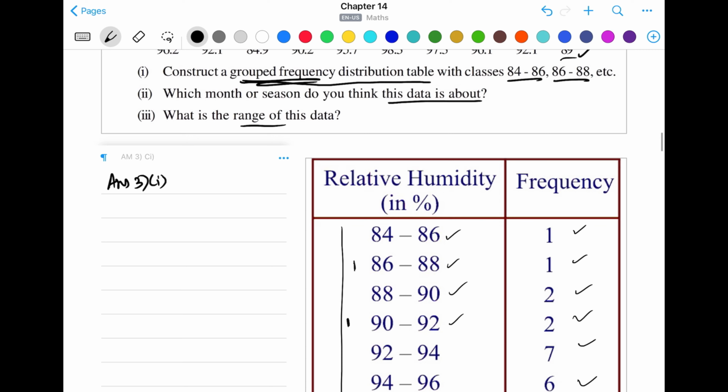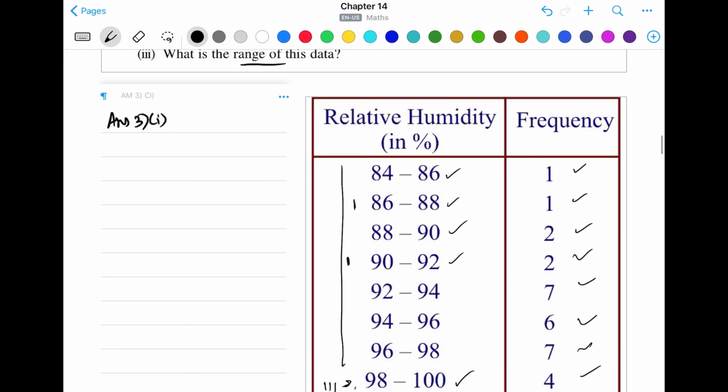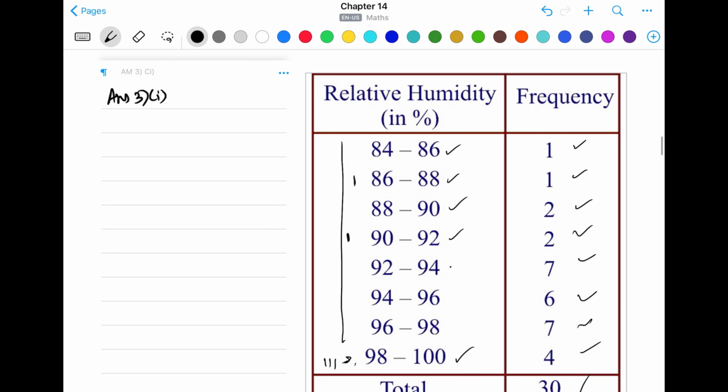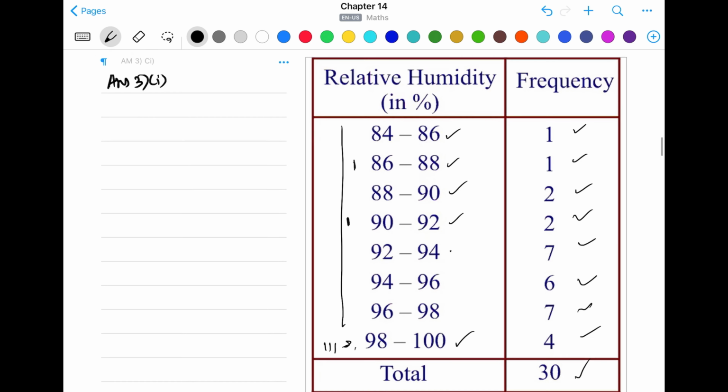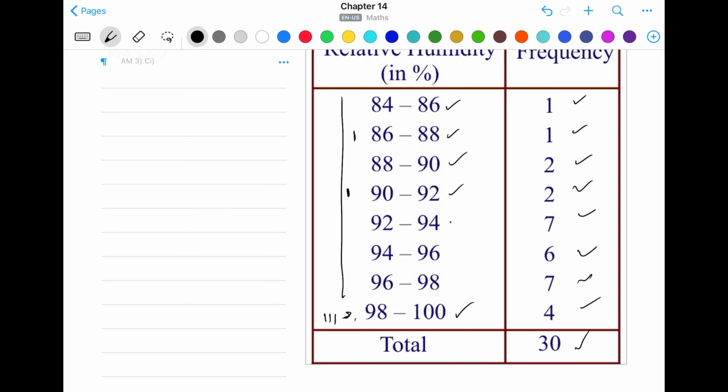Next is which month or season do you think this data is about. The maximum humidities are between 92 to 100. In this data you can see the humidity remains slightly higher for most of the days.